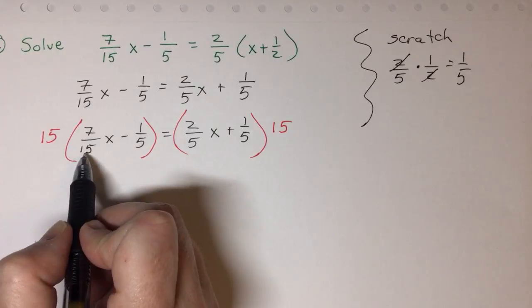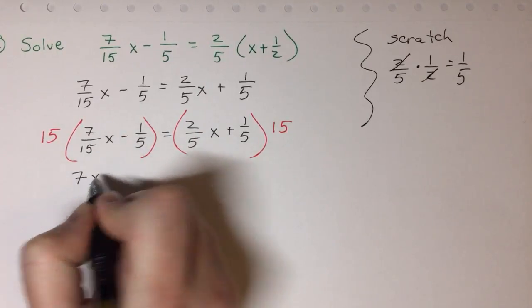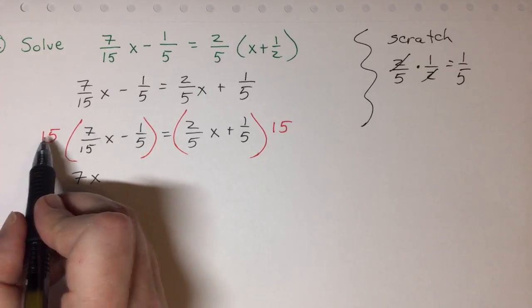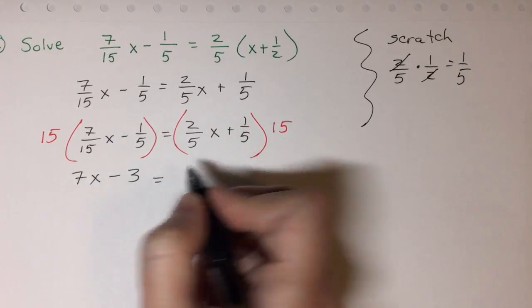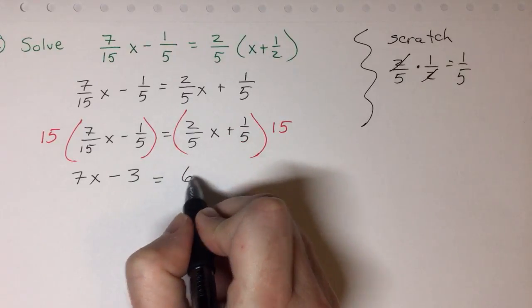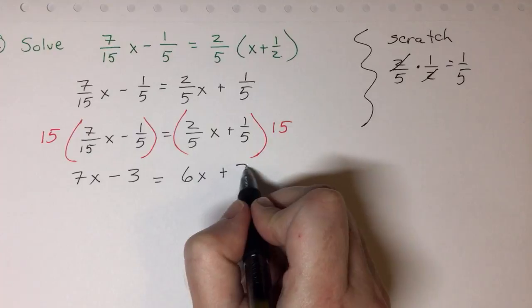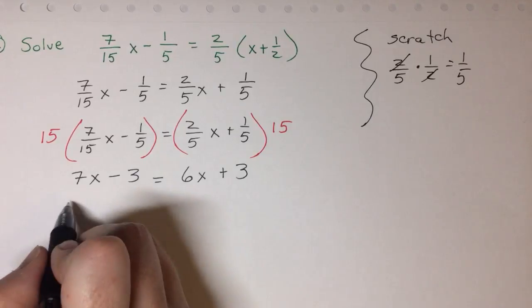That's okay. 15 goes into 15 once, 1 times 7. I'm left with 7x. 5 goes into 15 3 times. 3 times 1 is 3, minus 3. 5 into 15 3 times. 3 times 2, 6. 5 into 15 3 times. 3 times 1, 3. And I've got an equation that is much nicer, a lot easier to solve.